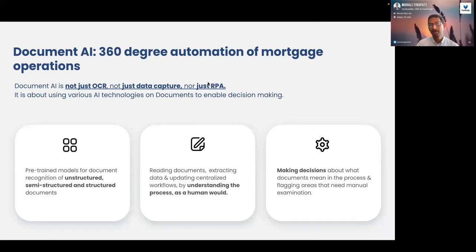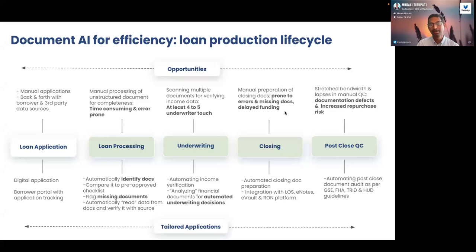I want to drill a little deeper on the document AI topic. Now, looking specifically at lending and servicing separately, right? On this panel, we have people both from the lending and servicing side. So I want us to drill down and look at what are the areas where the panelists have implemented these solutions on lending and servicing.